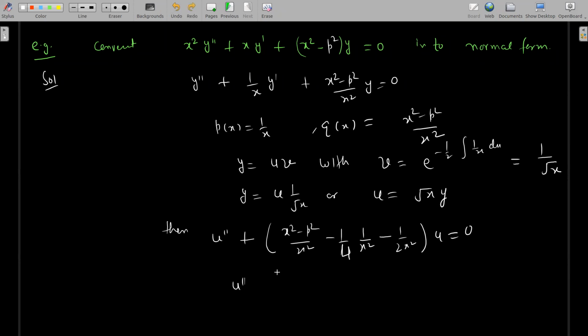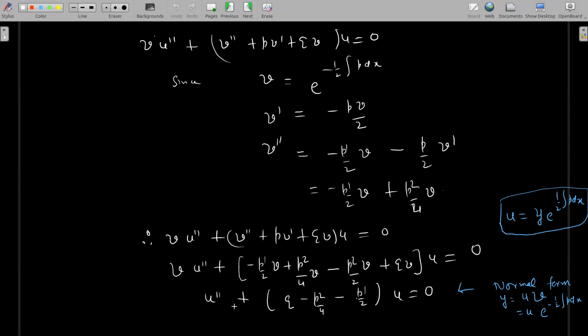So if you write it in more compact form, you can collect all terms. So I think this is u double prime plus 1 plus 1 minus 4 p square by 4x square, times u equals to 0. So this is the normal form. Okay, the normal form is this, just fit q and p dash coefficient.